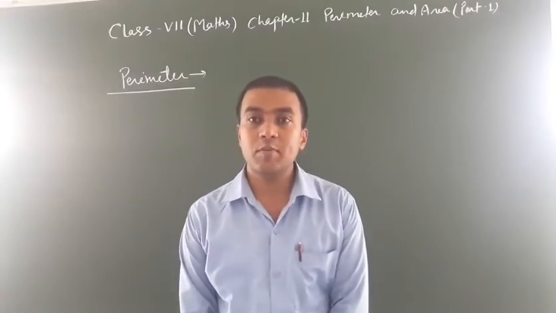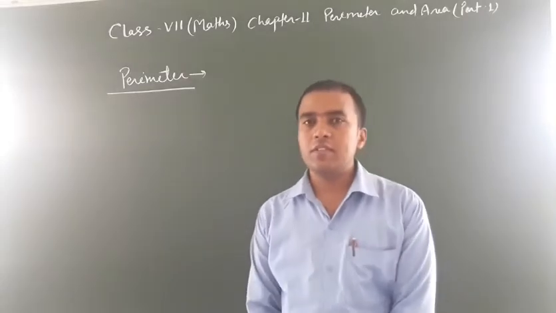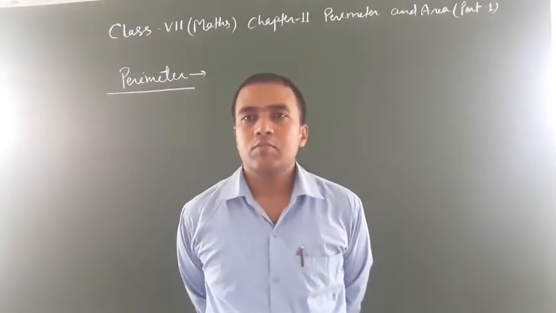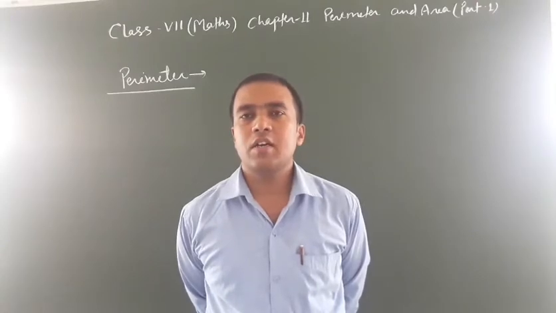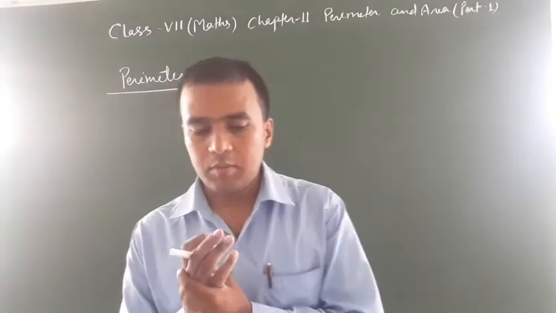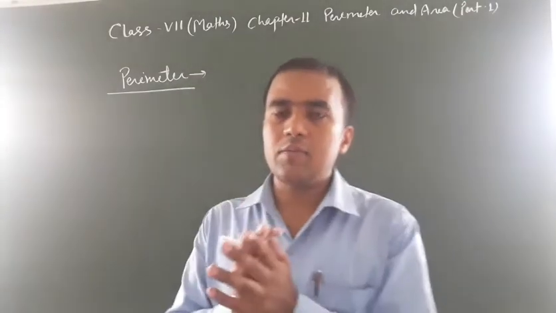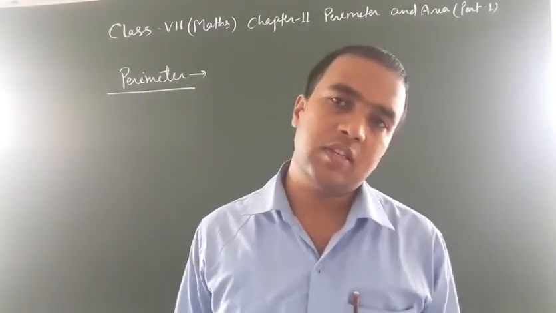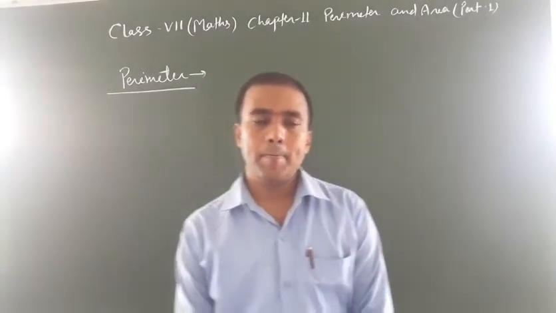What is perimeter? Perimeter is the total length of the sides of a two-dimensional shape. Clear?